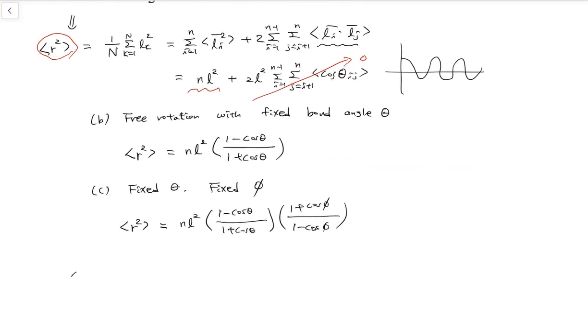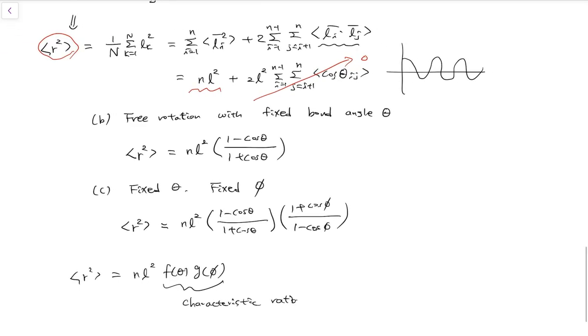So as a result, the average end-to-end distance can be represented as N L square times some function of theta and some function of phi. And this part is called the characteristic ratio. So it depends on the overall conformation of polymer chains. Okay, this is one way to define the size of the polymer or the end-to-end distance of the polymer chains.